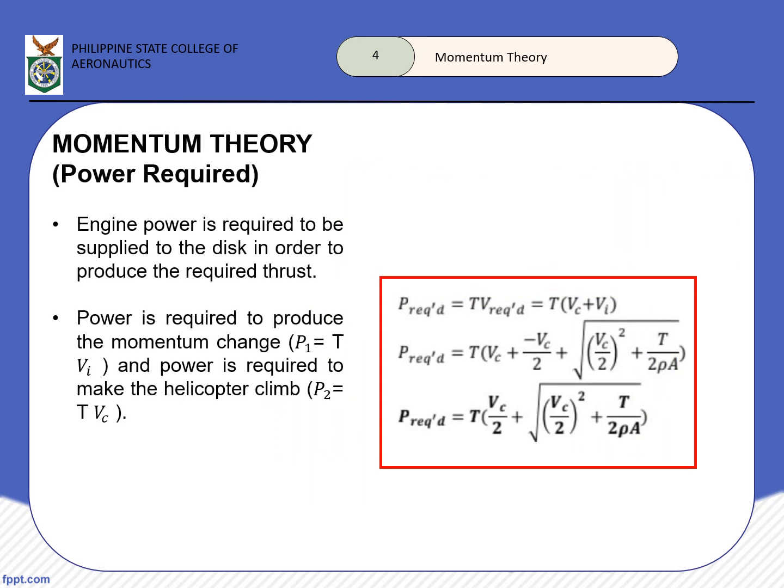So now we reach the power required. I need you to take note of these formulas for power required. Engine power is required to be supplied to the disk in order to produce the required thrust, of course. So power is required to produce the momentum change, and power is required to make the helicopter climb. So kindly take note of these power required formulas.